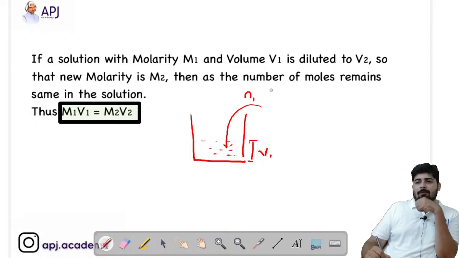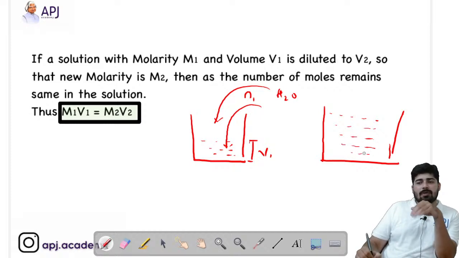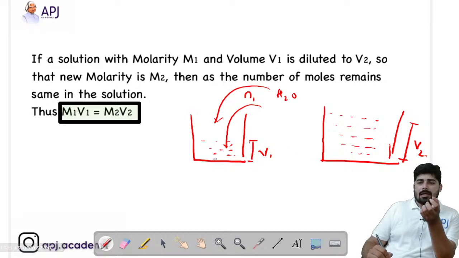If I add more water, the volume increases. Similarly, the concentration decreases, right? If the volume is increased or we are diluting the solution, the concentration decreases. What is the concentration? Concentration is molarity. Here we have M1 and here we have M2.